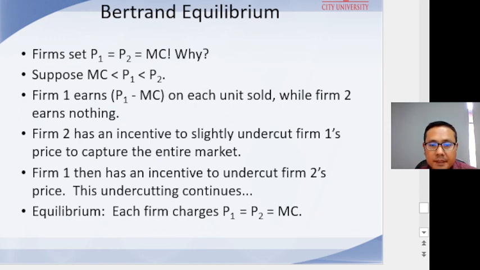Since price is equal to marginal cost, homogeneous product Bertrand oligopoly results in a socially efficient level of output. Indeed, total market output corresponds to that in a perfectly competitive industry, and there is no deadweight loss.